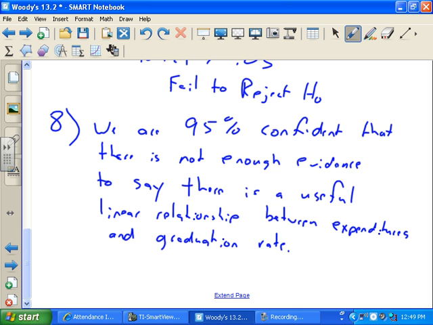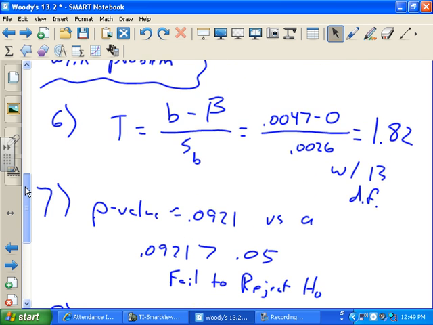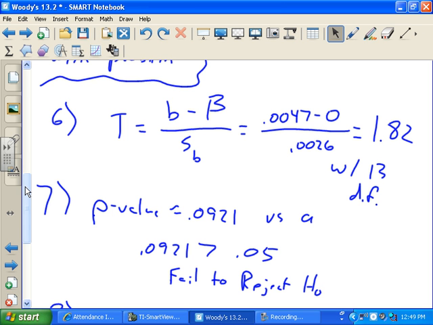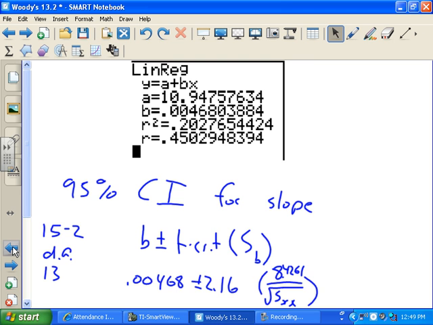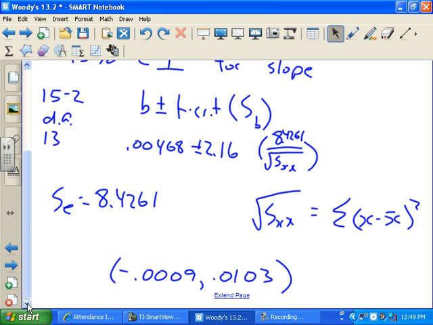Where'd you get the 0.0026? That's what we worked for that big long calculation, the one we did here. The 0.0026 is coming from that. I have not ever seen them ask you to calculate that by hand.